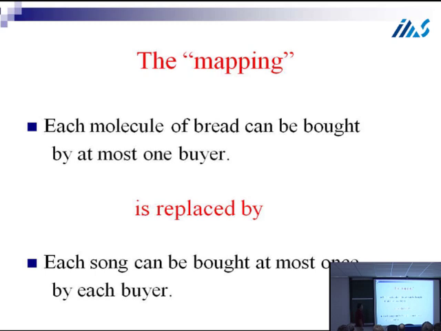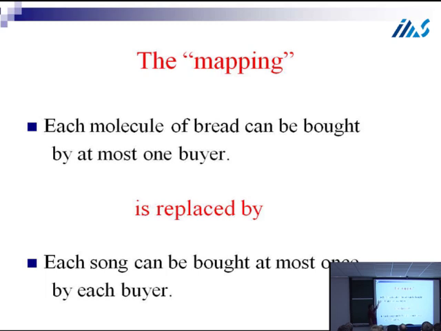Here's the mapping, and this is the key slide in the whole thing. This, in one thought, should give you how this model relates to the normal model. In the usual model, each molecule of bread can be bought by at most 1 buyer. In our model, each song can be bought at most once by each buyer. This is an obvious statement, right?